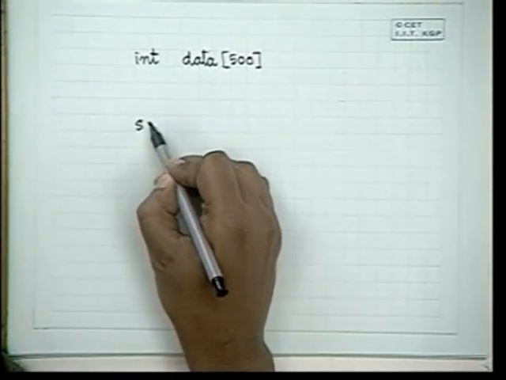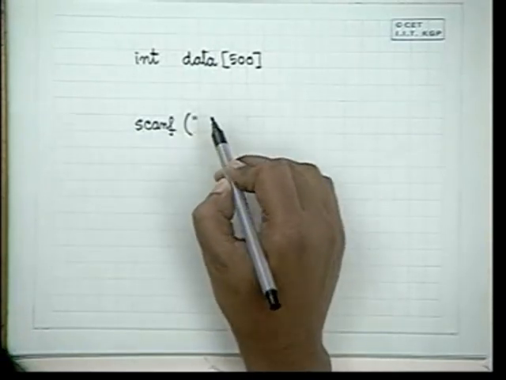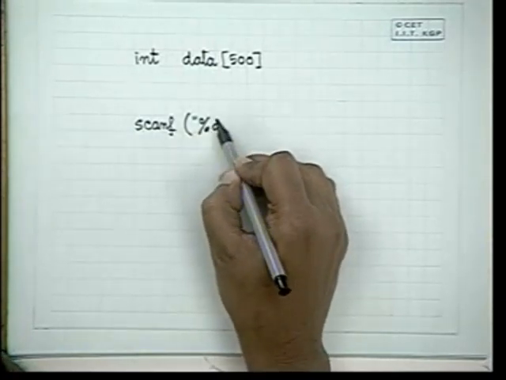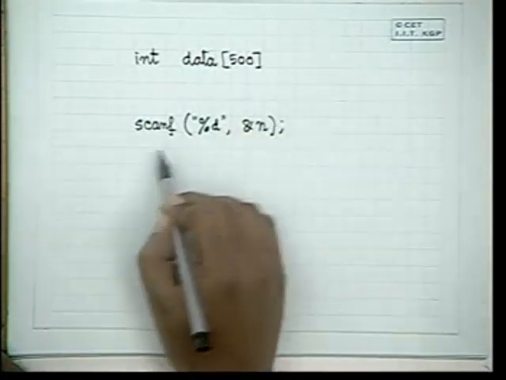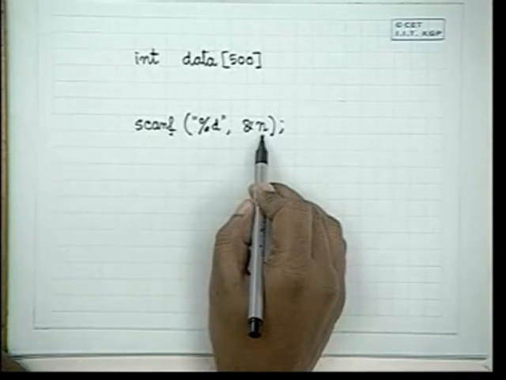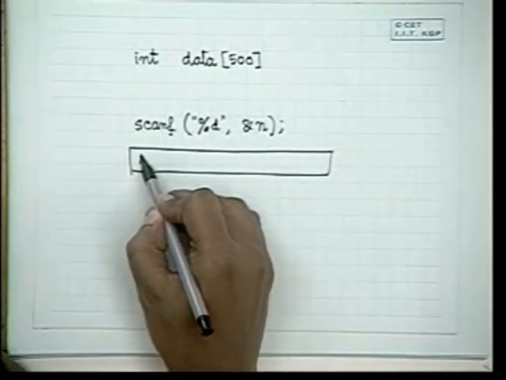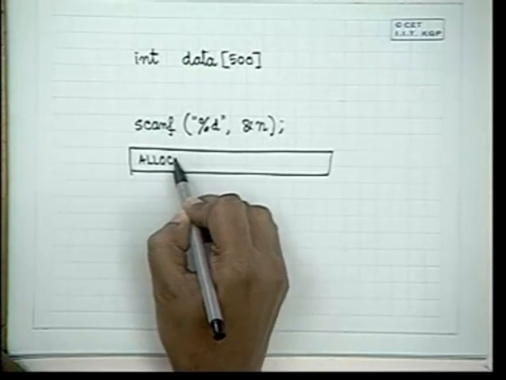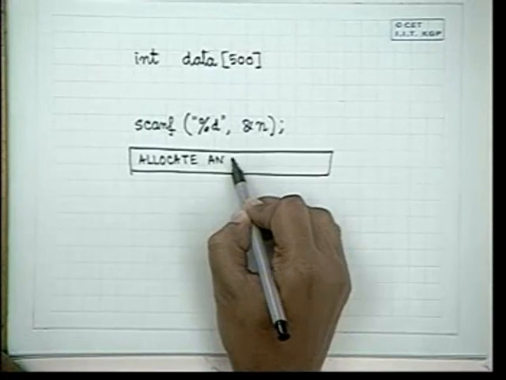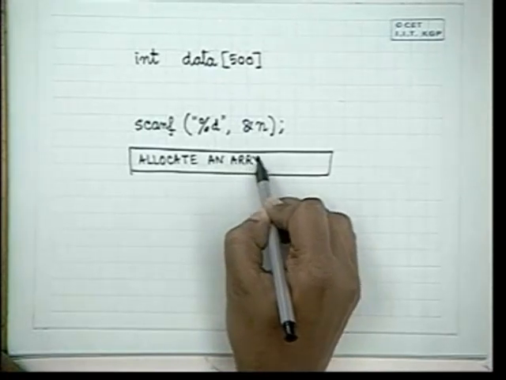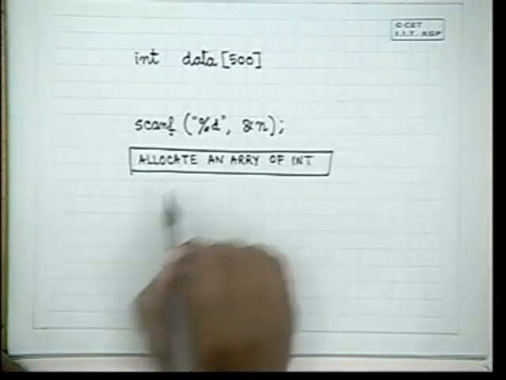So in the program we will have scanf, and then we will have to allocate an array of integers of size n.